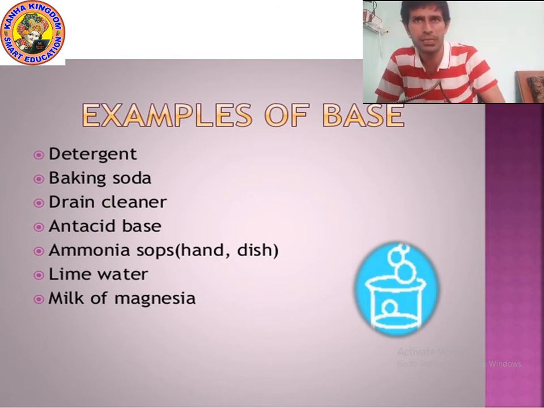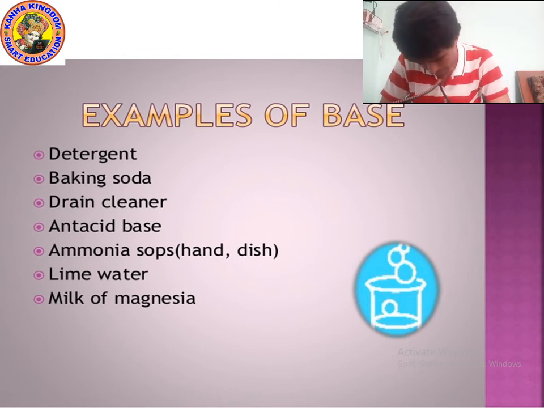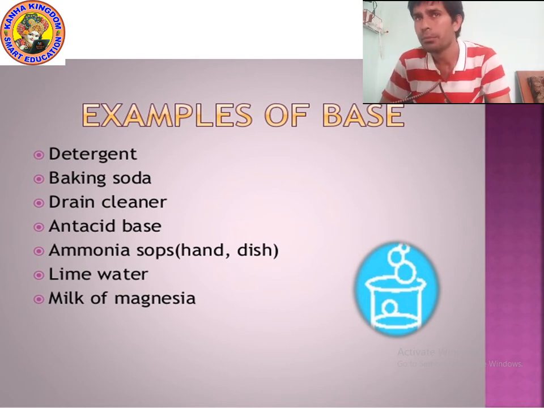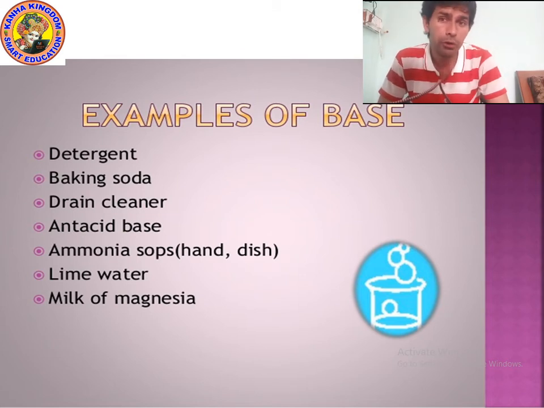Examples of bases. First example, detergent. Yes, in detergent, base is mixed. Detergent is a base, and it is bitter in taste, but you should not try to taste it. Why do we do the litmus paper test?